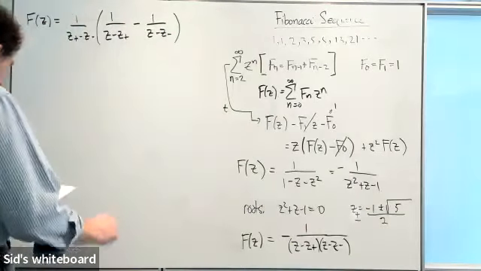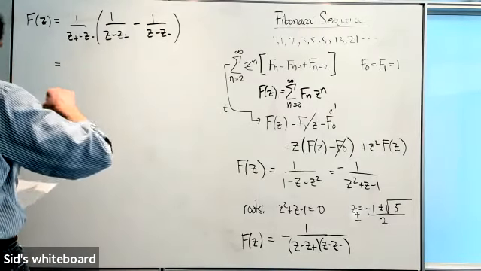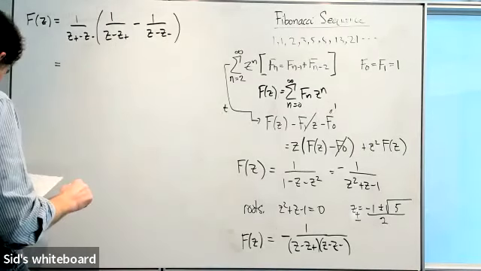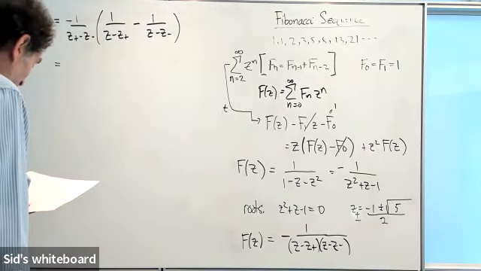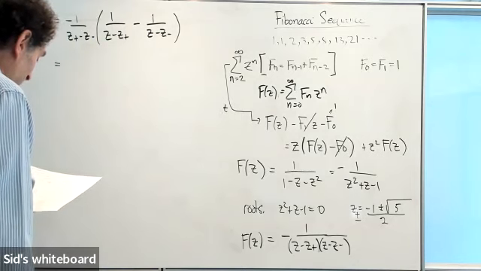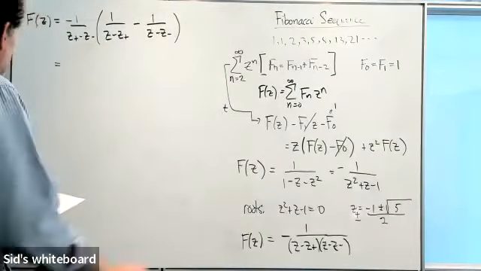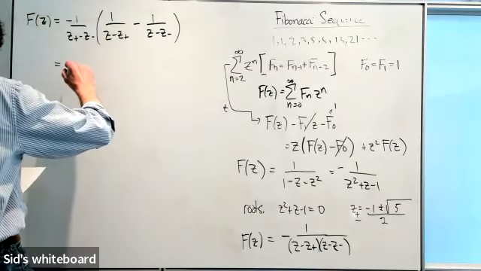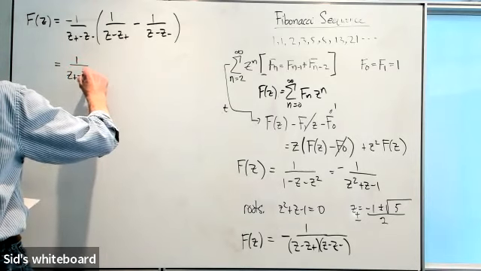Okay. And so what I'm going to do now is I'll write this in the following way. I'll write this as, with a minus sign here. Again, that's why I'm referring to my notes, because it's going to be so easy to make a stupid mistake. Okay. So what I'm going to do now to make this simpler is I'll write this as 1 over z plus minus z minus.